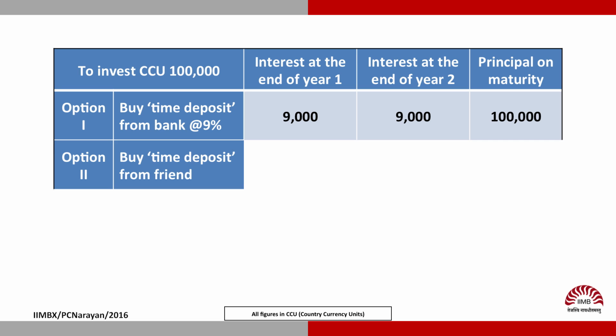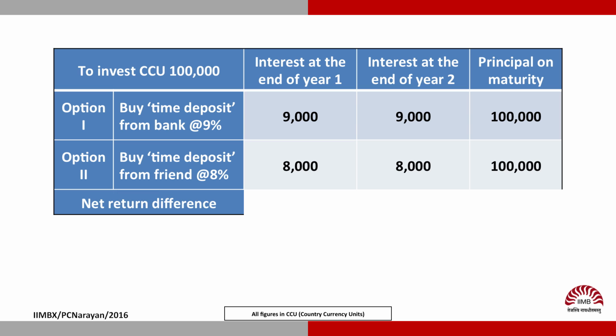Instead, if you bought the time deposit from your friend, which carries, remember, only 8% interest per annum, as the new holder of the old time deposit, you will receive 2 interest payments from the bank of 8,000 currency units at the end of the first year, 8,000 currency units at the end of the second year, and 100,000 currency units at the end of the second year on maturity.